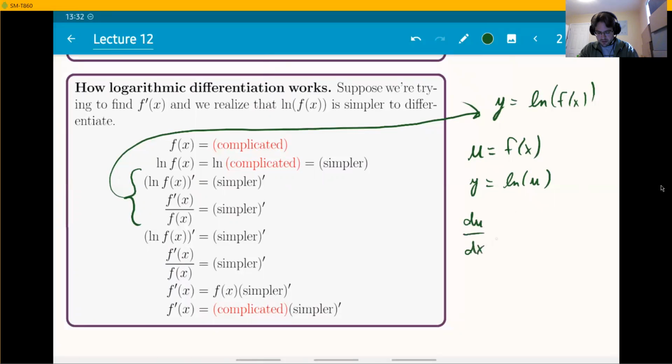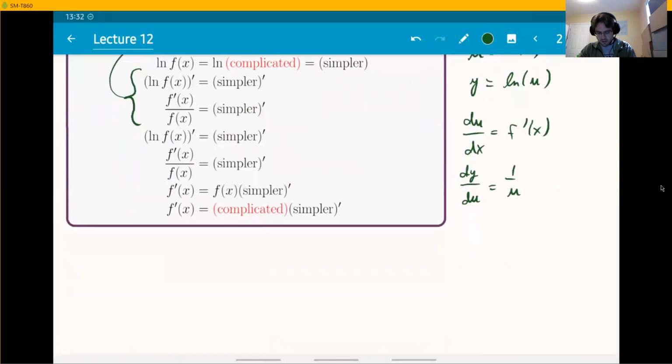which means finding du dx, that is just f prime, differentiating the expression u equals f of x. And then also finding dy du. If y is ln of u, dy du is 1 over u. So when you multiply the two things, you obtain this dy dx that you wanted as f prime over u, but where u was f.